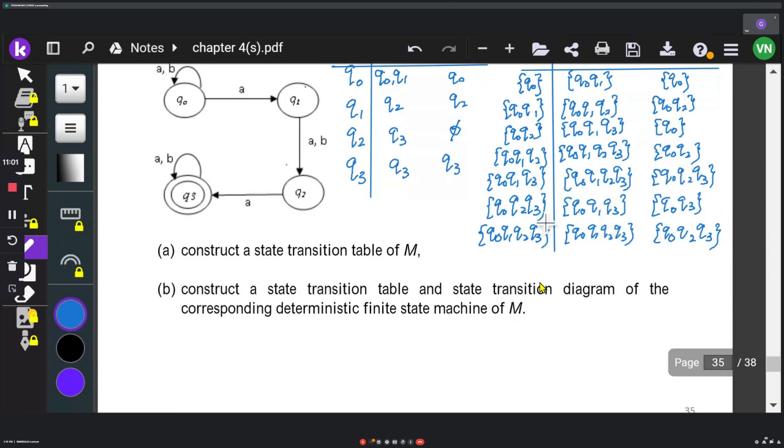0, 2, 3 already have. So now the last one left is 0, 3. So we have 0, 1, 3. And this one 0, 3, we have 0 and 3.